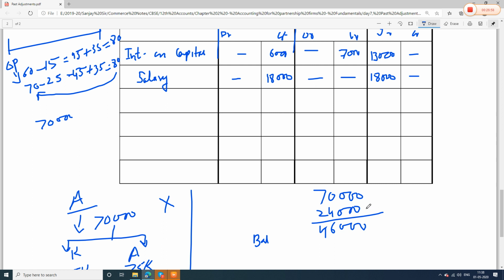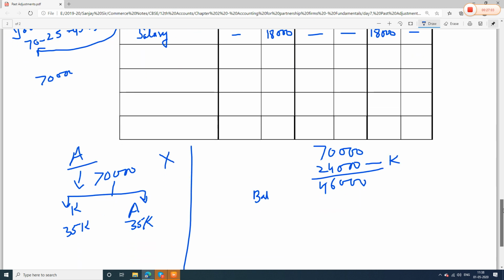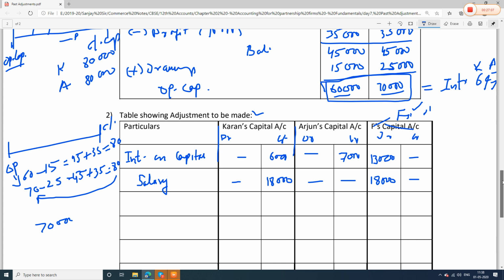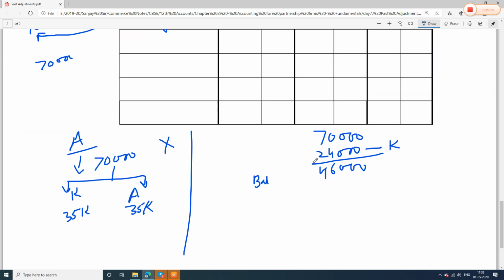Okay, so Karan got 24. Now if we would have paid Arjun also interest on capital, 7,000, what would have been the balance now? Only 40,000.